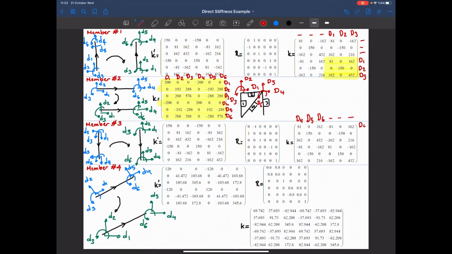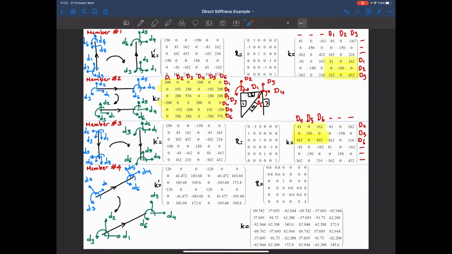Likewise, D4, D5, D6, and no degrees of freedom defined in the structure for the 4th, 5th, and 6th degrees of freedom. So these are the contribution of the third member. These are the resistance provided by the third member to the 4th, 5th, and 6th degrees of freedom.